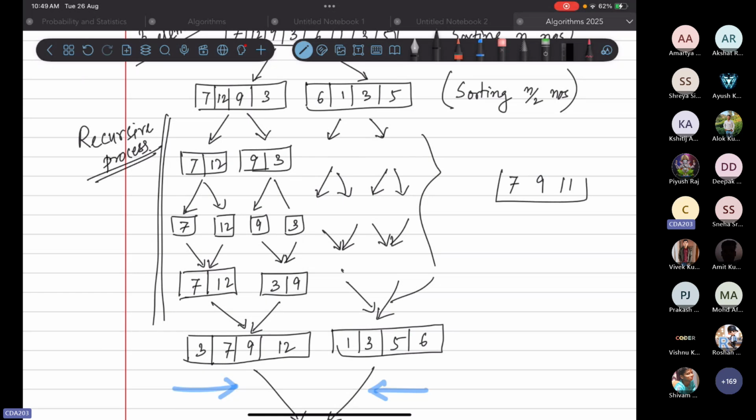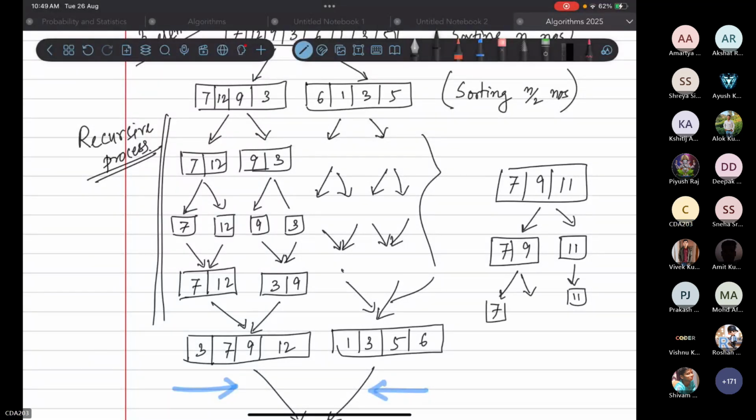I'll break this up into, let's say, 7 and 9 in one part and 11 in the other part. 11 is a single number, so it's still 11, but here it's 7 and 9.